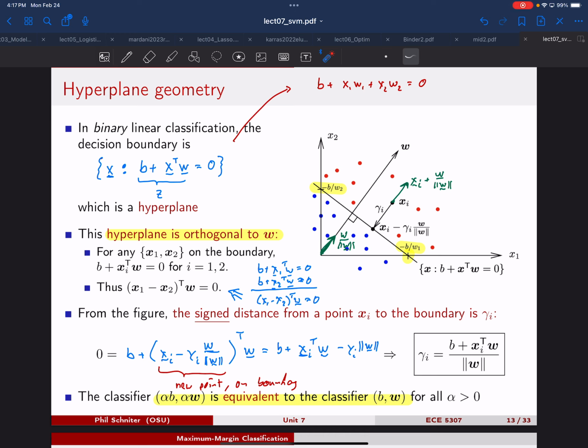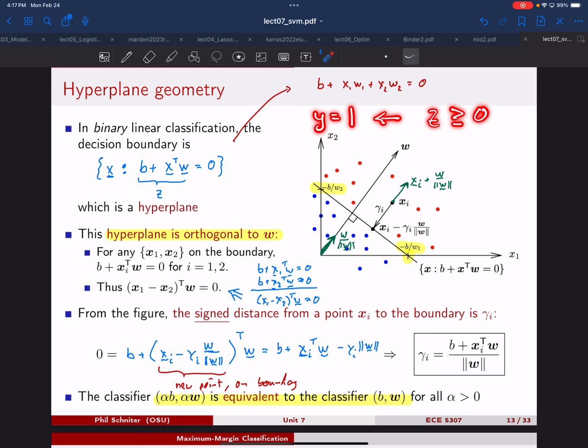Now we do have to be careful about the sign of alpha, because here you can see that if we multiply b and w, let's say by -1, then we'll have the same boundary, but the sign on z will change. Remember, basically what we do is we quantize z: we look at if z is greater or equal to 0, then we choose y equals 1.